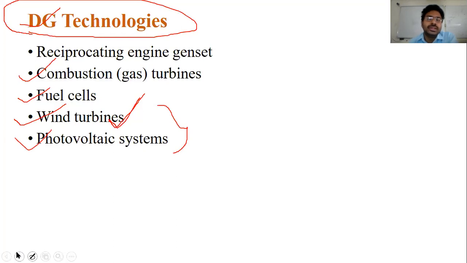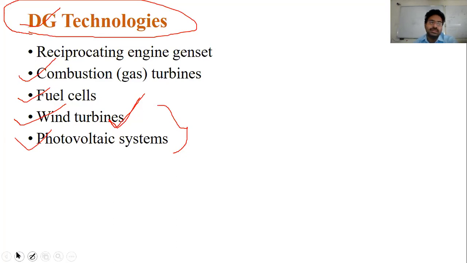These are some technologies introduced in DGs, distributed generation, to improve power quality. Now see this, the main thing is how these technologies will be helpful to improve power quality.